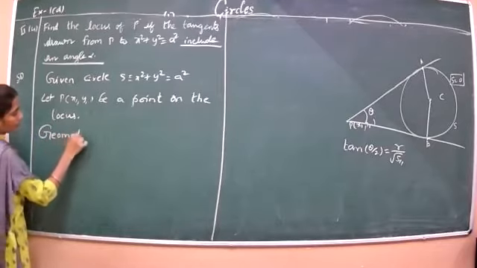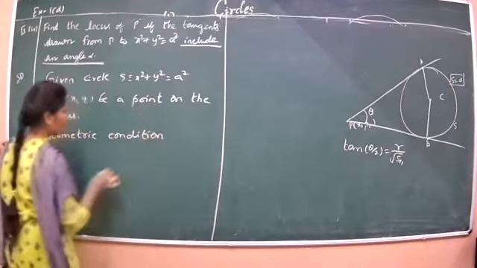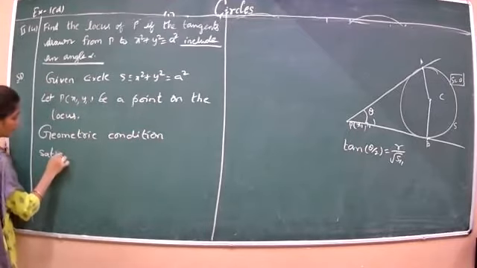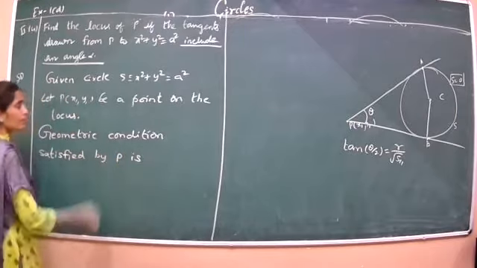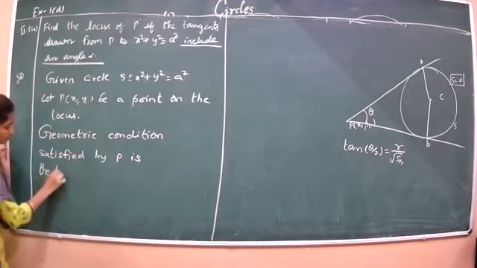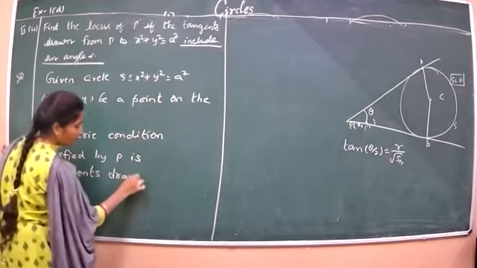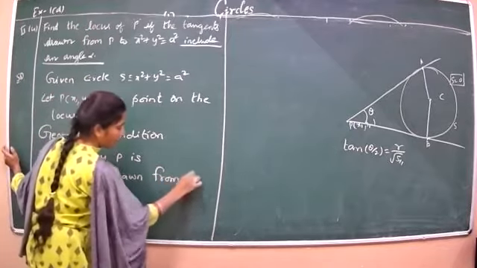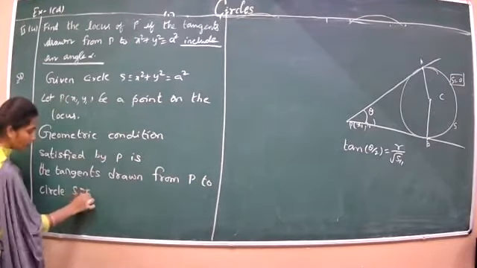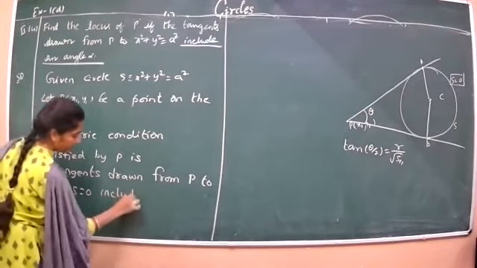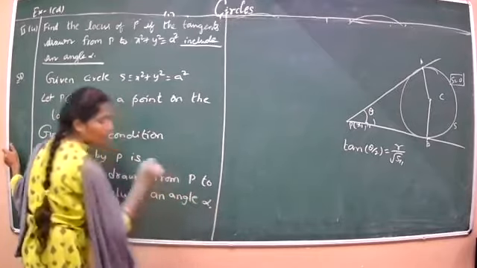The geometric condition satisfied by P is that the tangents drawn from P to the circle S = 0 include an angle alpha.